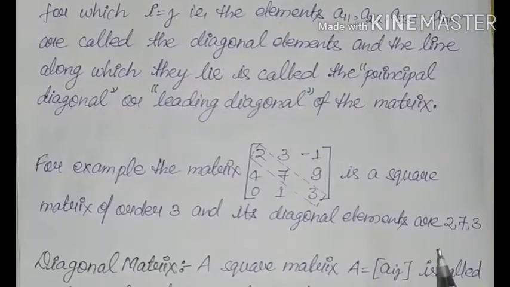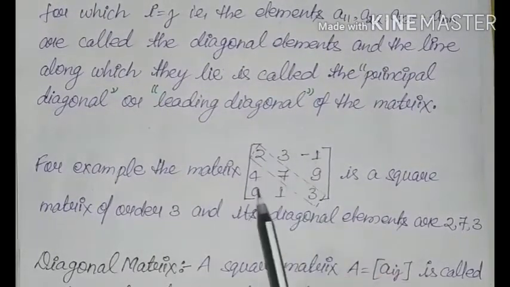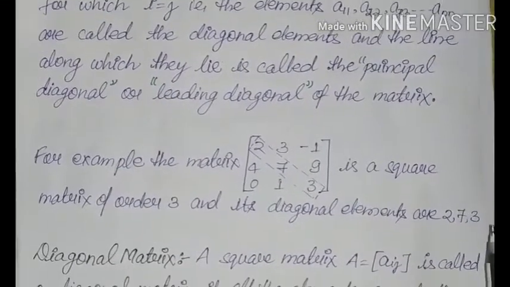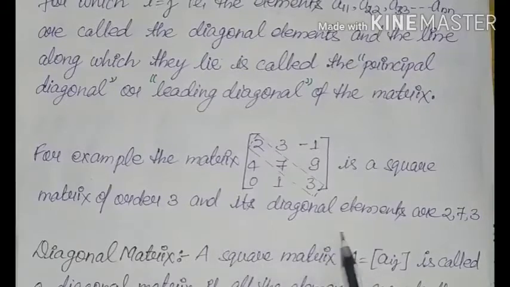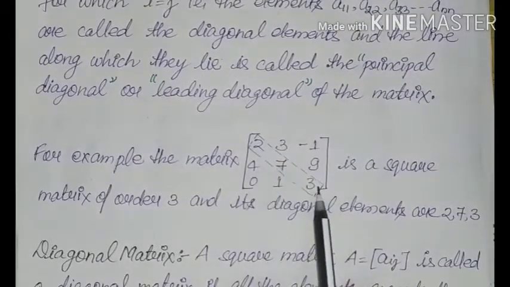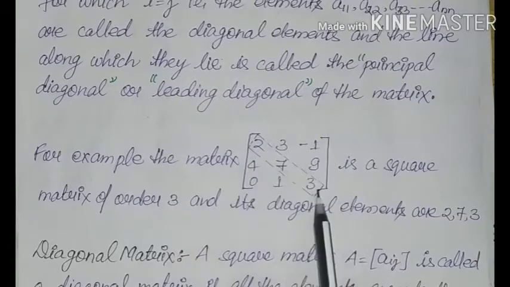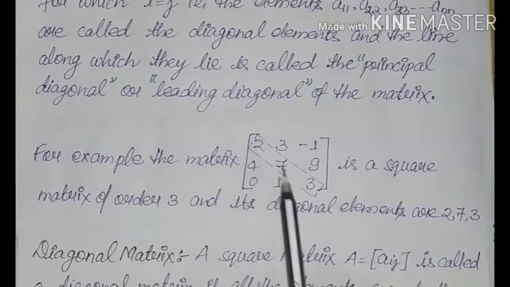For example, the matrix 2, 3, minus 1, 4, 7, 9, 0, 1, 3 is a square matrix of order 3 and its diagonal elements are 2, 7, 3. These are the diagonal elements, and this is known as the principal diagonal or leading diagonal.